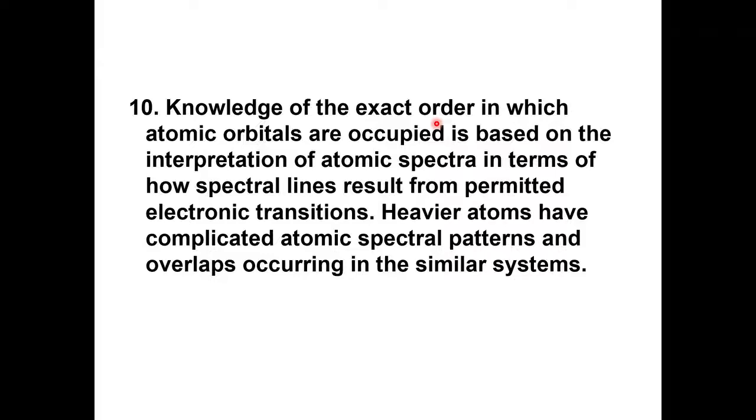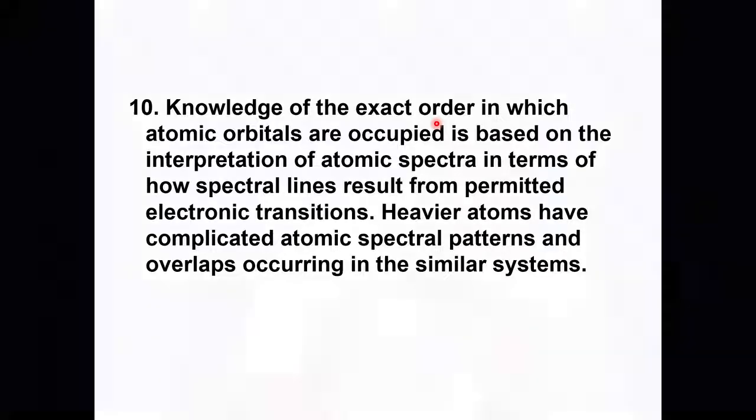So, in all atomic spectra there are transitions occurring, and these transitions can be interpreted from the spectra. We can use this knowledge to determine how electrons are organized in each element. That means, by looking at the spectra we should be able to identify the element.